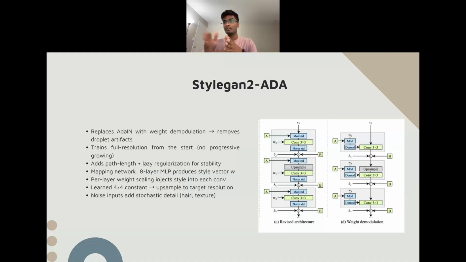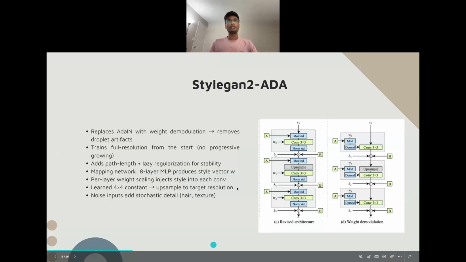Now, the 8-layer mapping network I was initially talking about transforms the latent vector Z into intermediate style vectors W, which I take advantage of to inject the I-JEPA embeddings later on, which I'll show in the methodology.